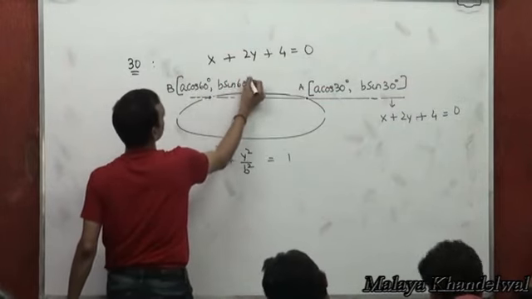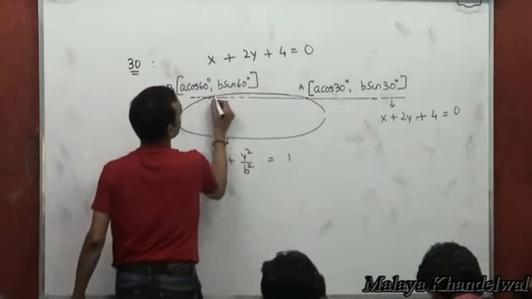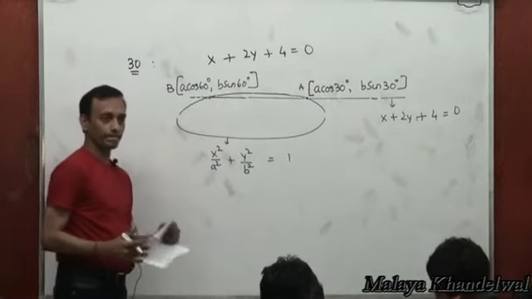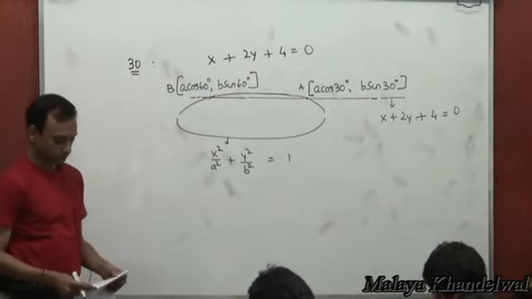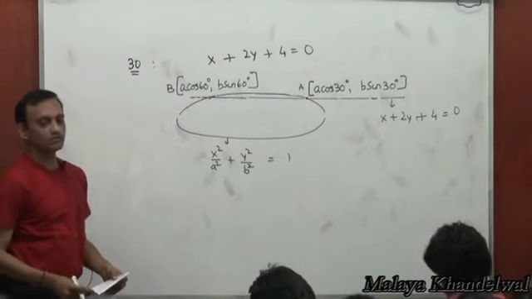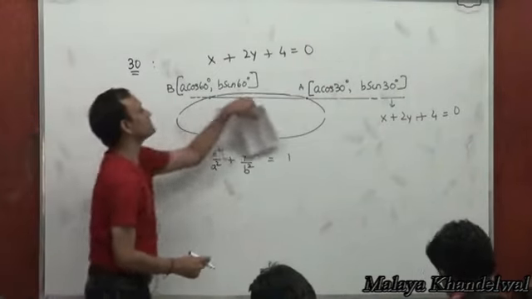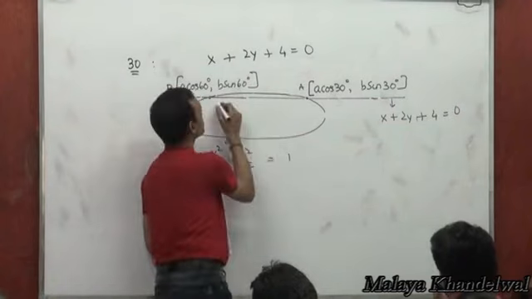That's given in the problem. And this AB subtends a right angle at the origin.